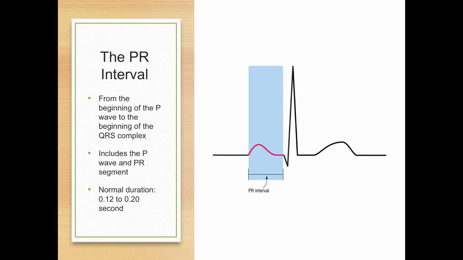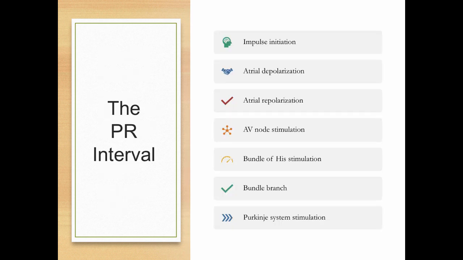But we're looking at the beginning of the P to the beginning of the QRS complex, and that's our PR interval. The PR interval is really important because it contains everything, right?